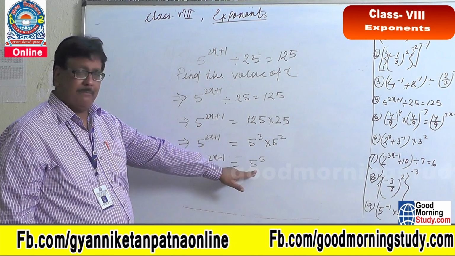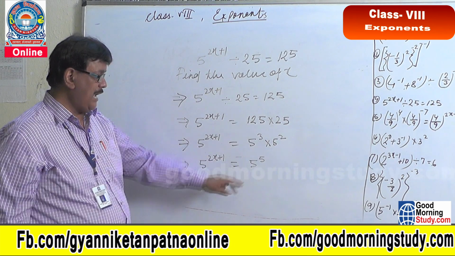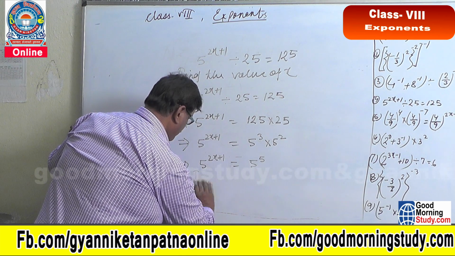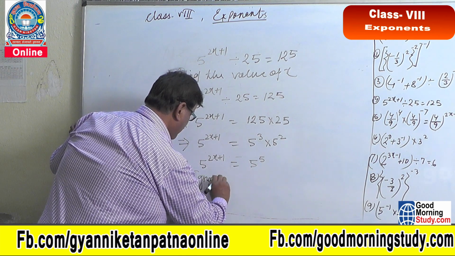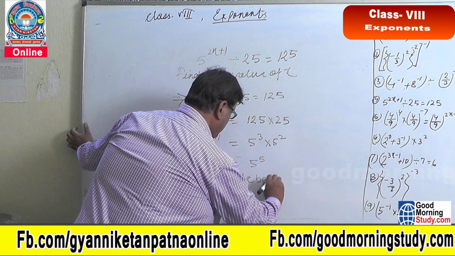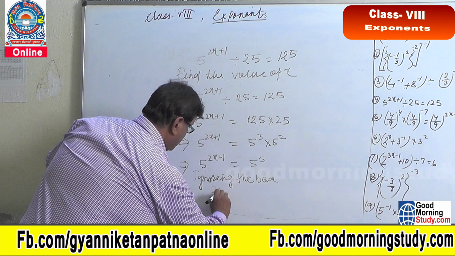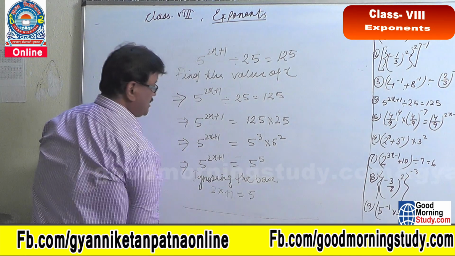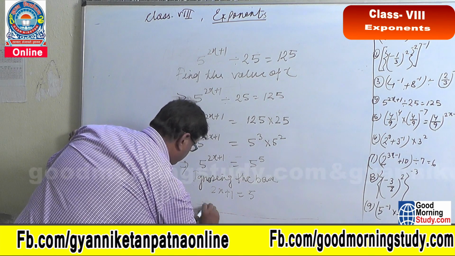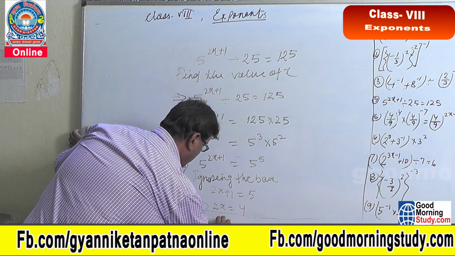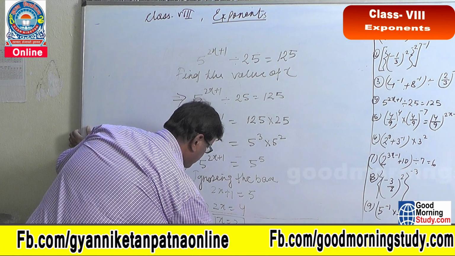Here the bases are the same, so ignoring the base, we will get 2x plus 1 is equal to 5, or 2x is equal to 4, x is equal to 2.